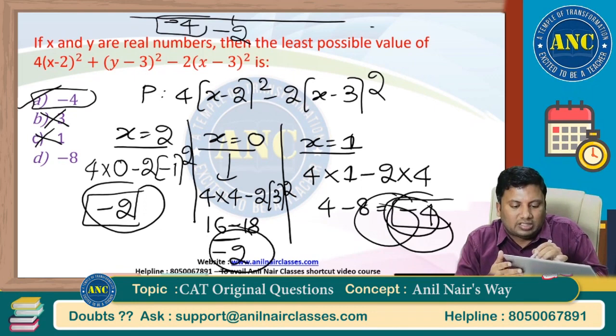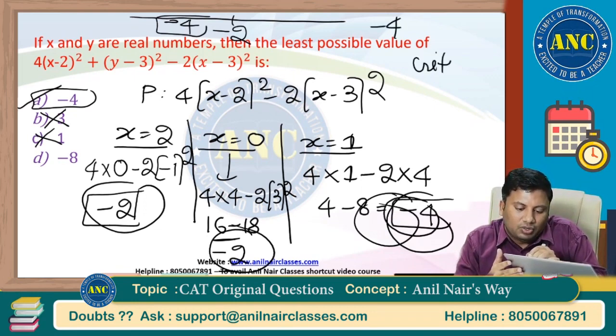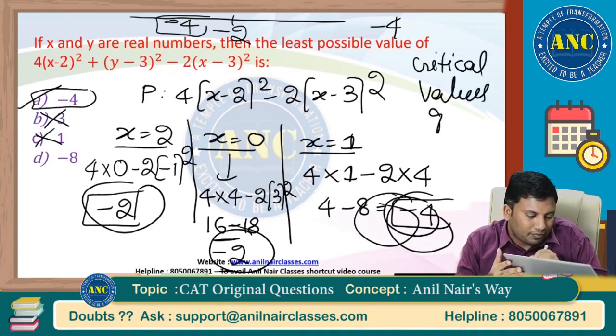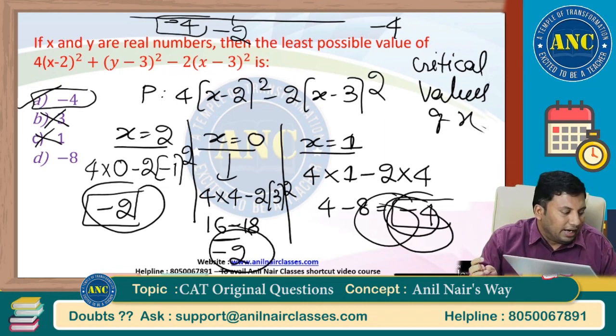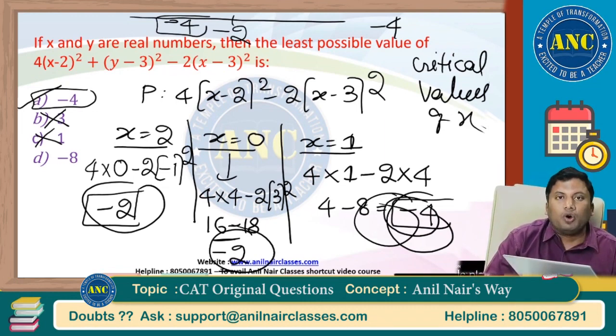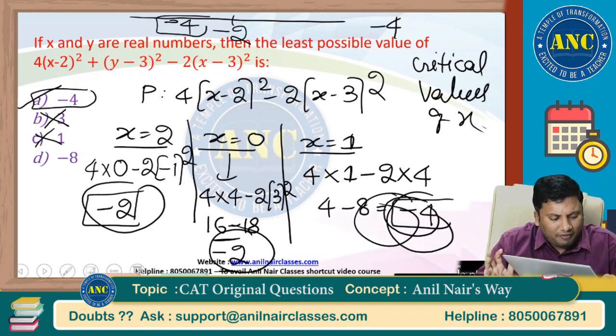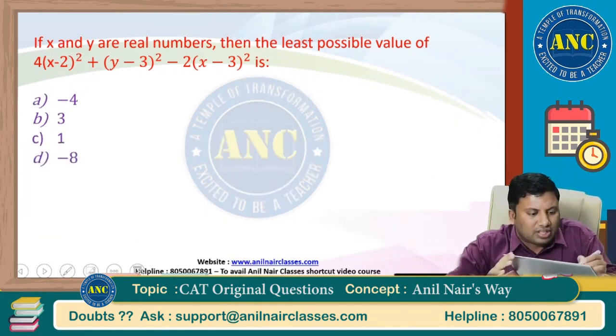Answer is minus 4. What you have to do? Just take the critical values of x. I hope the idea is clear. What did I do? First, what are the critical values of x?